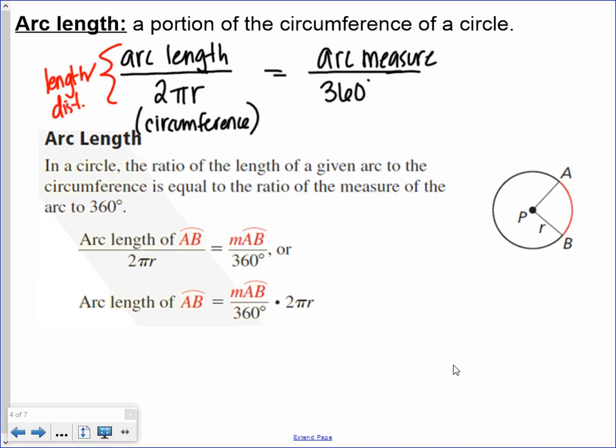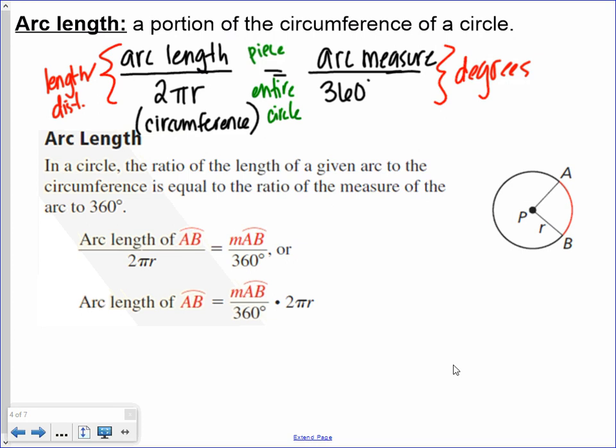And the right side is all degrees, like how far it's rotating. But in both cases, you are comparing a piece of the circle to the entire circle. The entire length of a circle is 2 pi r. The entire measurement of a circle is 360. So in either case, it's piece of the circle over entire circle.